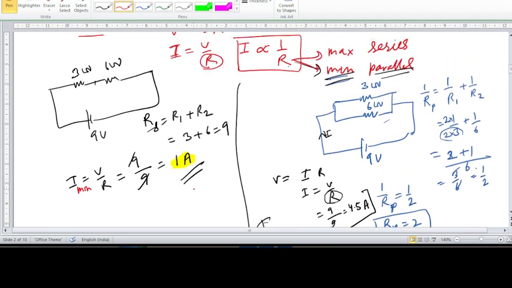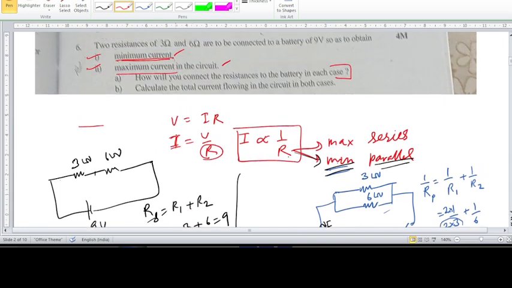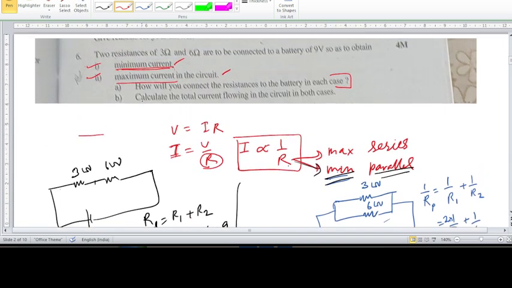So this was all about the minimum current and maximum current. And they have asked how you would connect. I told you how to connect. I will connect either in series or in parallel. To have minimum current, we have to use both the resistances in series, and to have maximum current, we connect them in parallel. Remember, if resistance is maximum, current is minimum, because I told you these are inversely proportional.